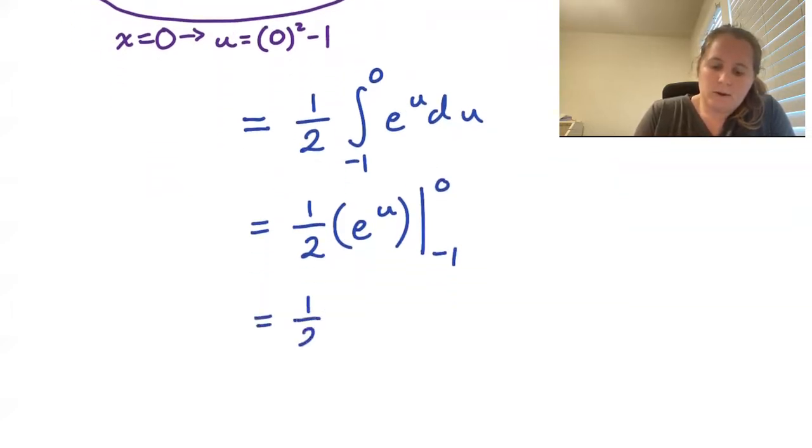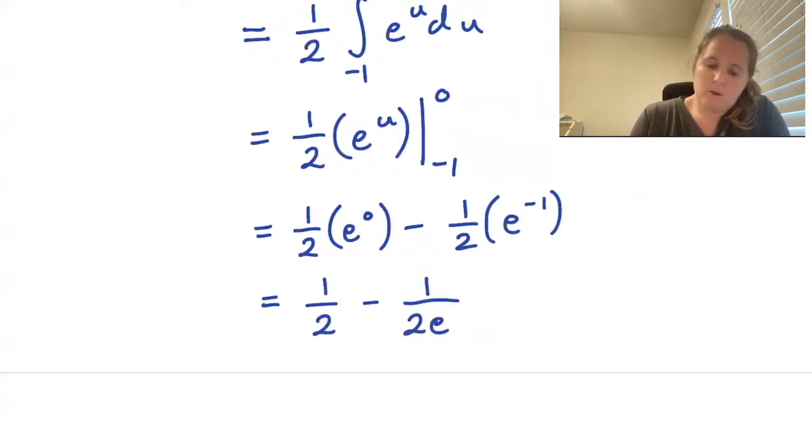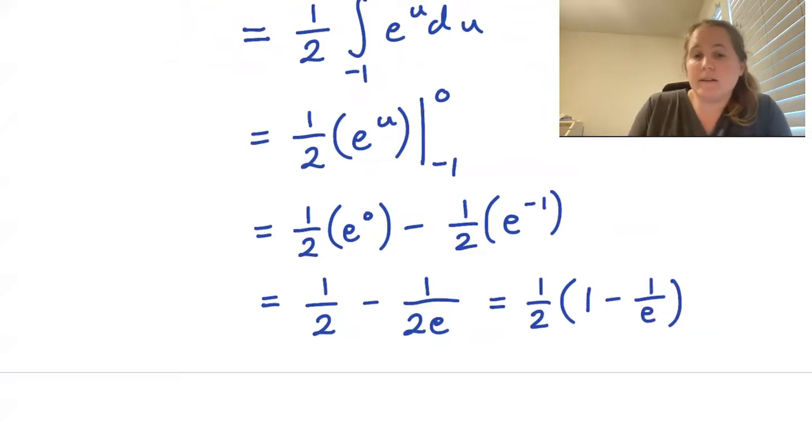This becomes 1/2 times e to the 0th minus 1/2 times e to the -1. e to the 0th is just 1, so we just have 1/2 minus, and then e to the -1 is 1 over e, so we have 1/2 minus 1/2 times 1 over e. You could also write this as 1/2 times 1 minus 1 over e if you didn't want to multiply in the 1/2 until the end.